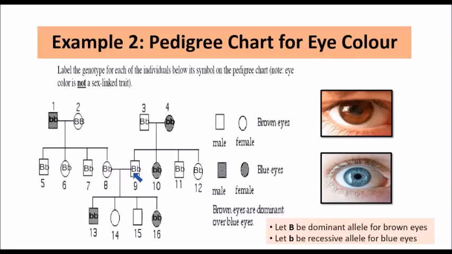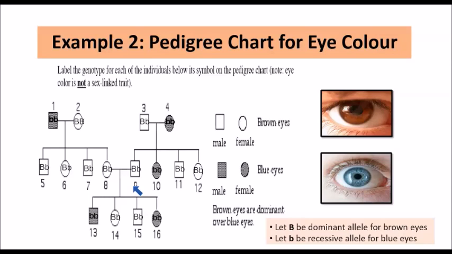So that would make one child possibly homozygous dominant, while the other child can be similar to the parents' genotype, heterozygous. So it can be either or for 14 and 15. So that completes this pedigree chart for eye color.